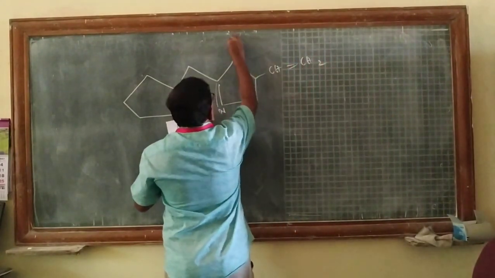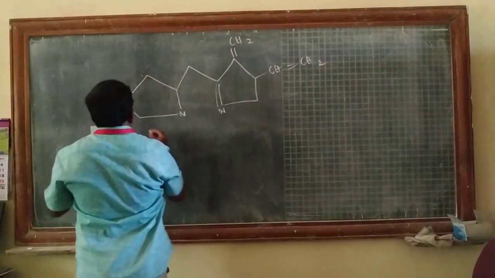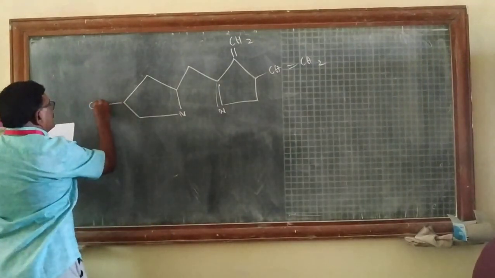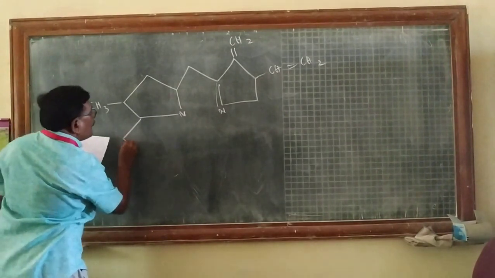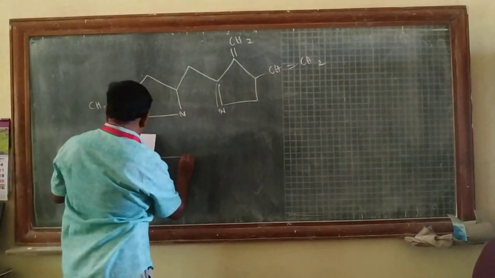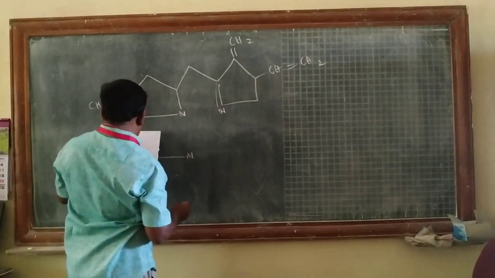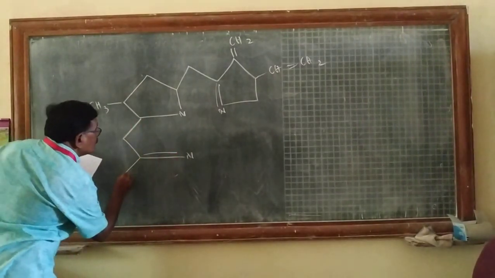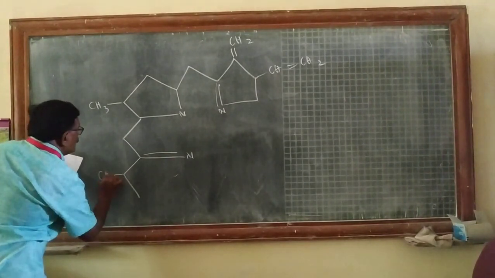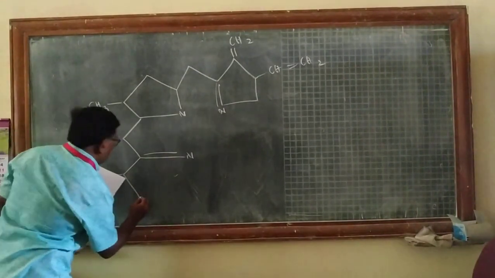CH double bond CH2. This is a double bond CH2, and this is CH3. This is another nitrogen atom with a double bond, CH3.